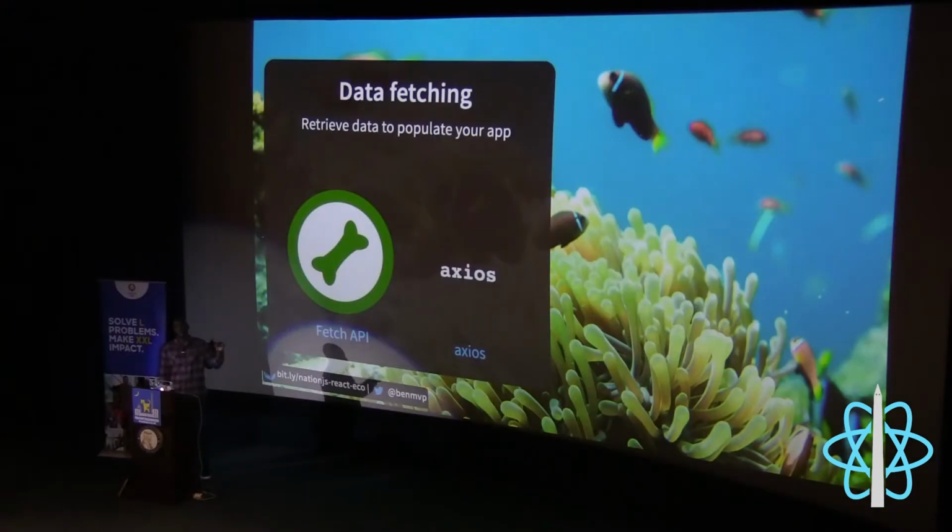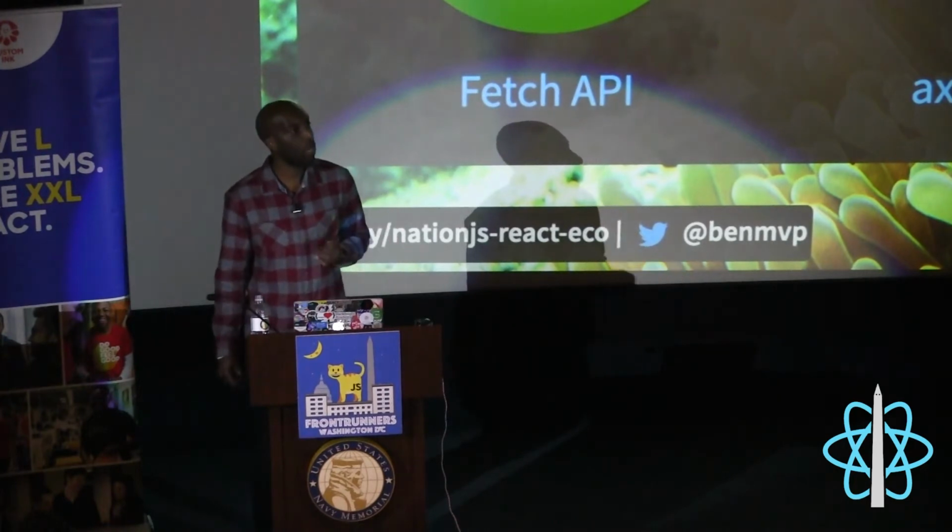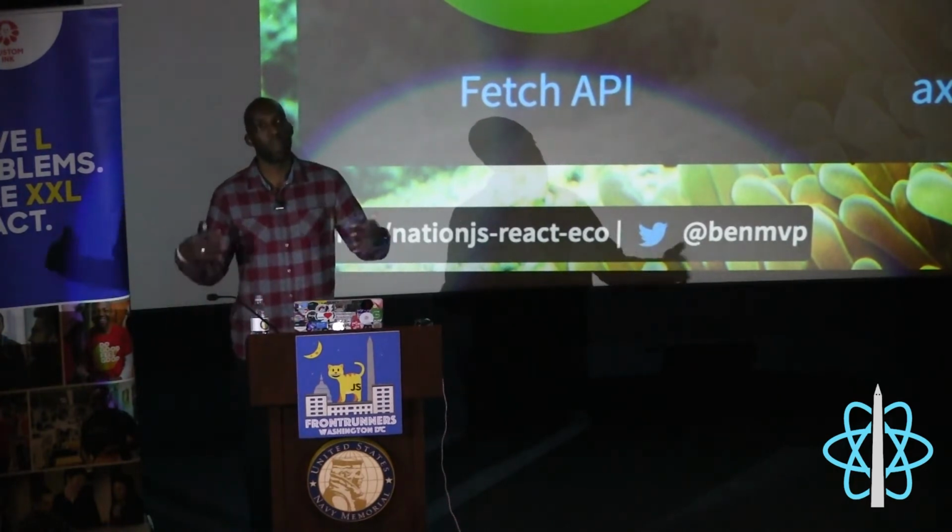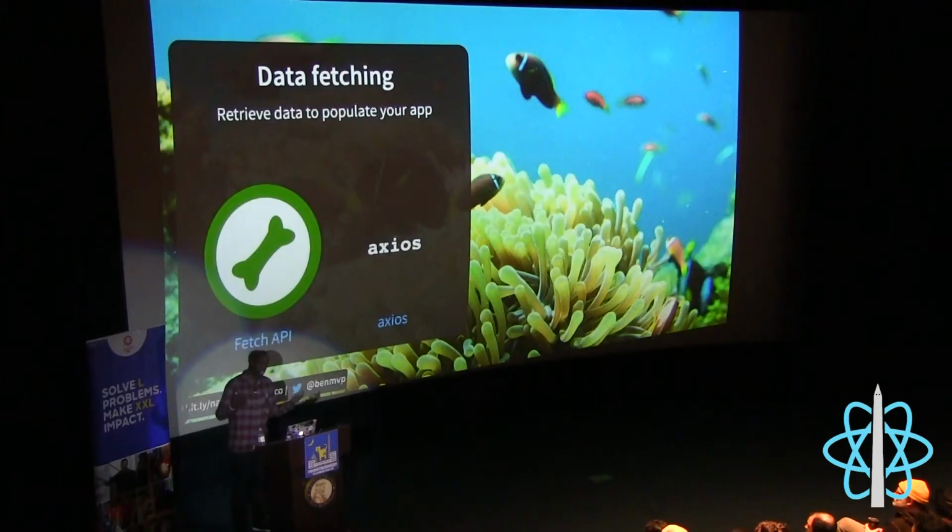So either one have their benefits. So obviously the native fetch API is native to the browser, so it's just there. But IE doesn't support it, so you'll have to polyfill it. Axios is nice because it has some helper methods like .get and .post for it to be easier to make fetch calls, as well as it has support for canceling API calls as well.